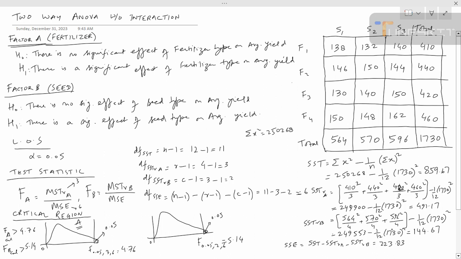Now we note down each sum of squares so that we can use these values and present it in ANOVA table formally.